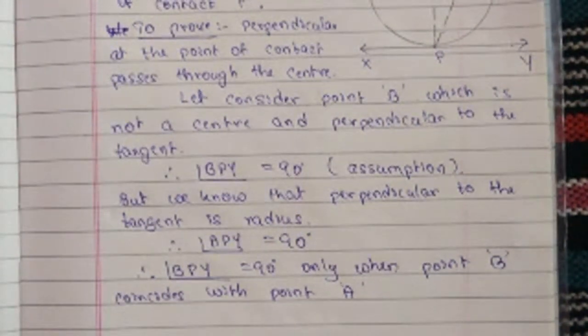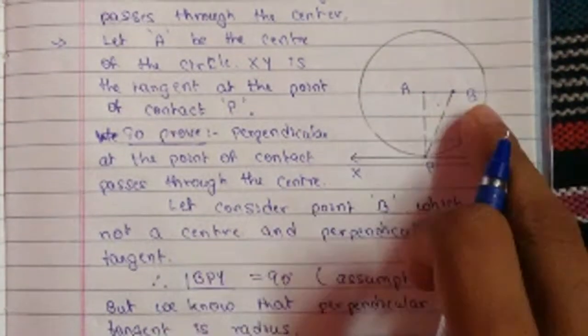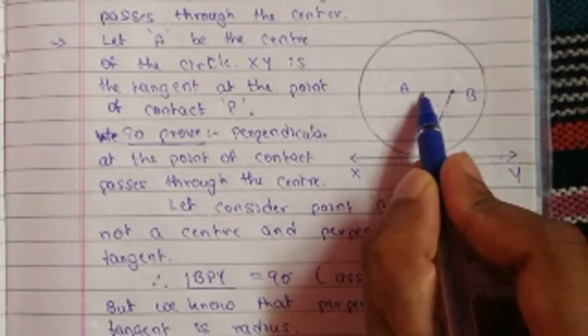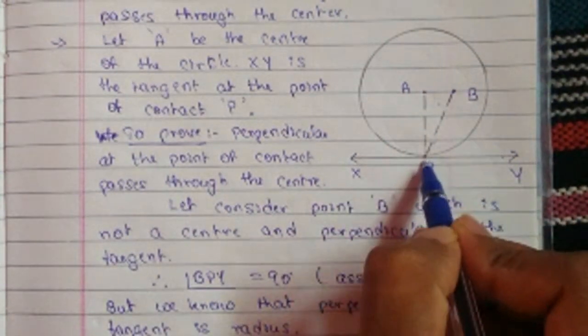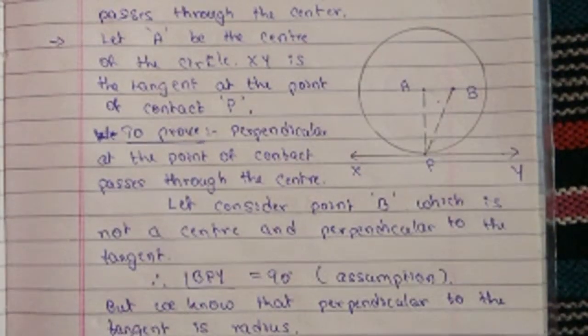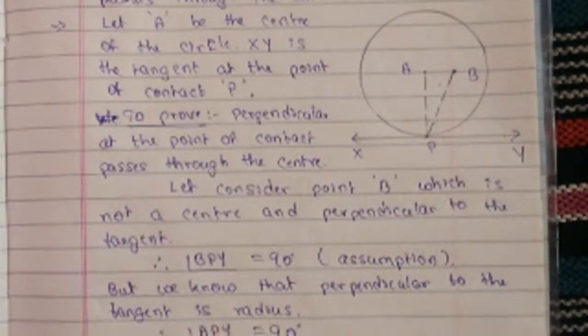So when point B coincides with point A, it reaches point A, or it overlaps on point A. Then again angle BPY equals 90 degrees.